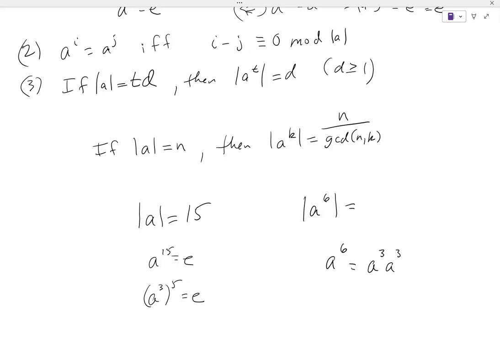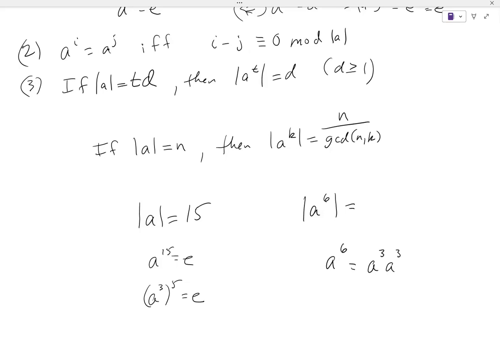So if I raise it to the 5th power, I'm certainly going to get back to the identity, right? Because I'll get a 15th here and a 15th here when I raise it to the 5th power, right? Will anything less than 5 work? Well, no, because I have an extra 3, right?